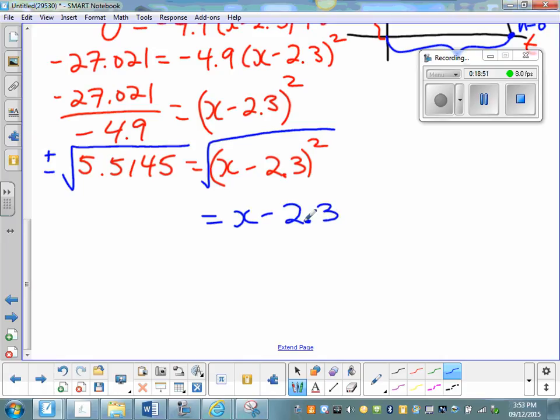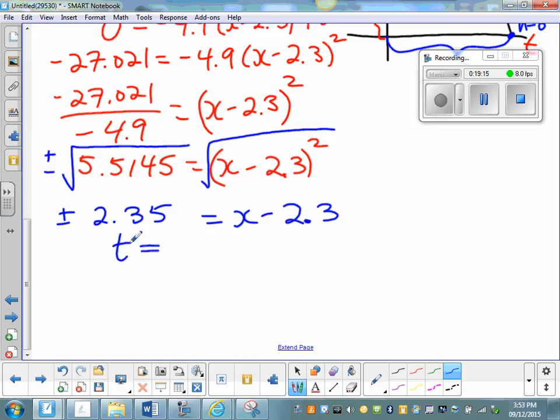When I take the square root of the left side, I'm going to get plus or minus 2.35. So my two possible answers for, man, I don't want to get rid of x and y here. Go figure, a math teacher in love with x and y. So we are talking about t here.